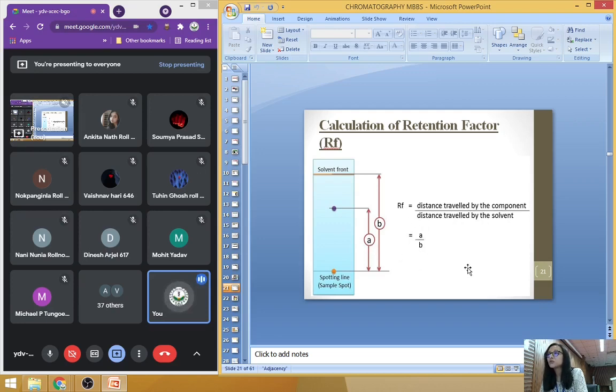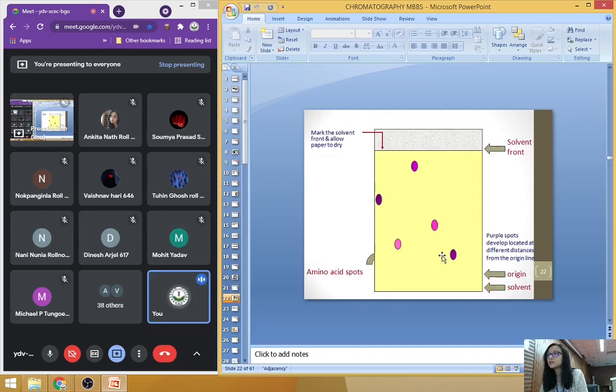Okay. So knowing the retention factor of this particular sample, we can then identify this sample. This is just the same, okay. Suppose here is the origin of the samples, and at the end of the experiment, when we stain it with 1% ninhydrin, we get these different spots where the sample has been carried away.